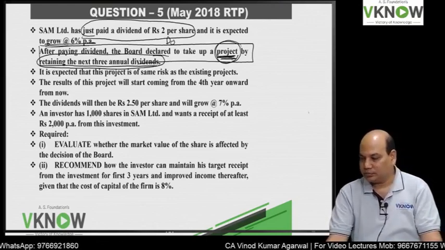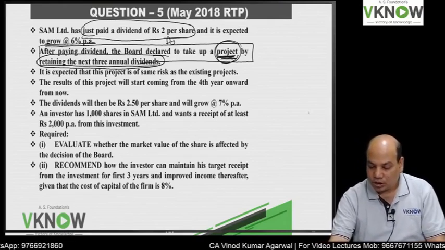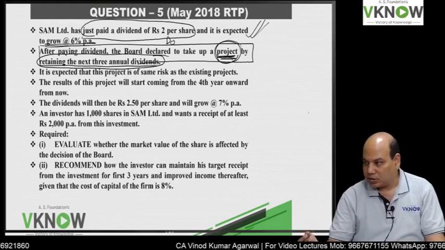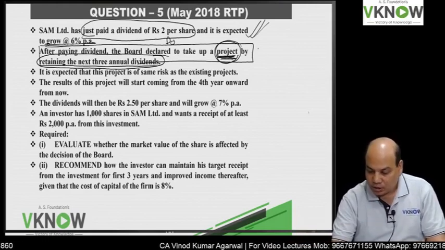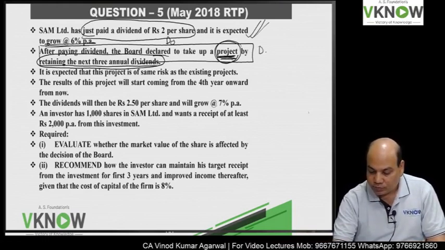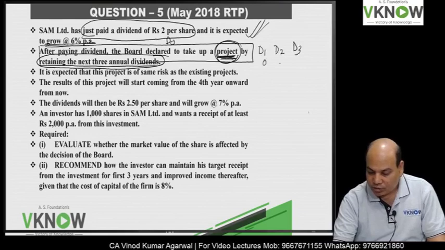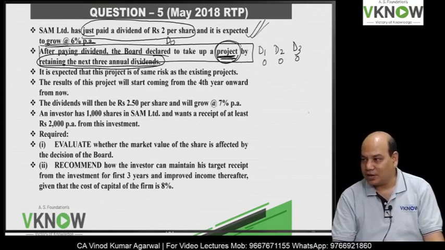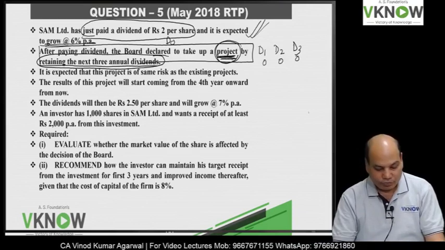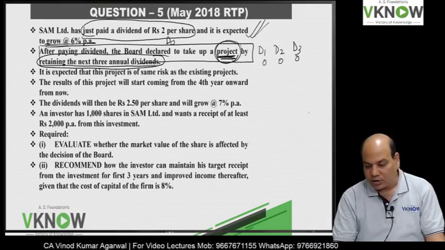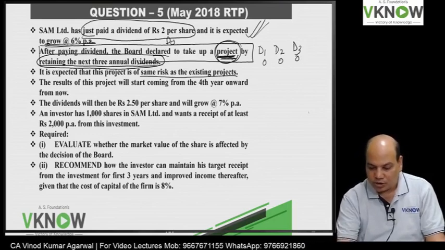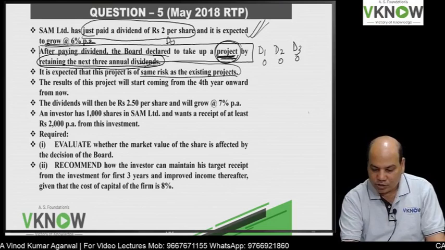If they do not undertake the project, then dividend will be 2 rupees plus 6%. But if they undertake the project, then dividend will be 0, 0, 0 for first, second and third year. Understood? It is expected that this project is of the same risk as the existing project, means same discount rate.